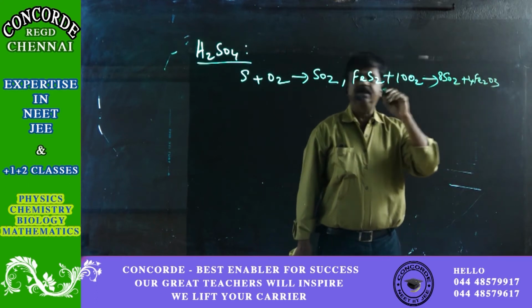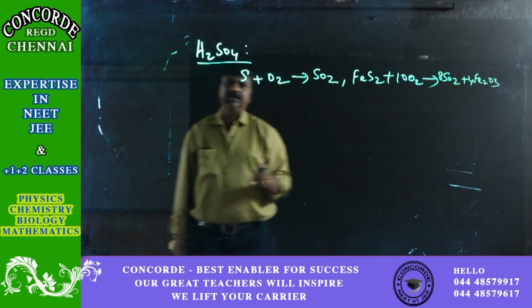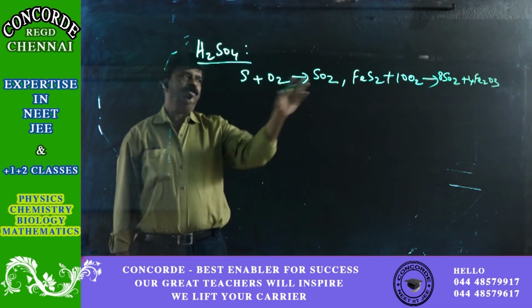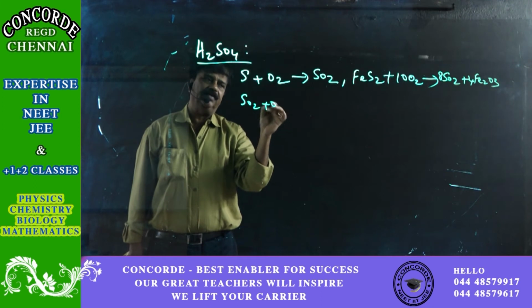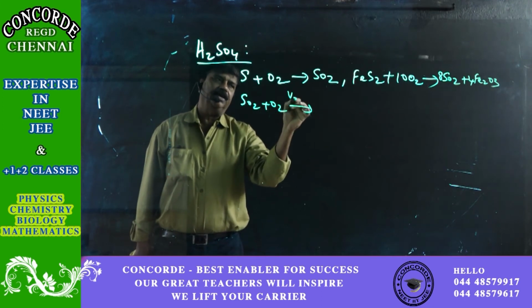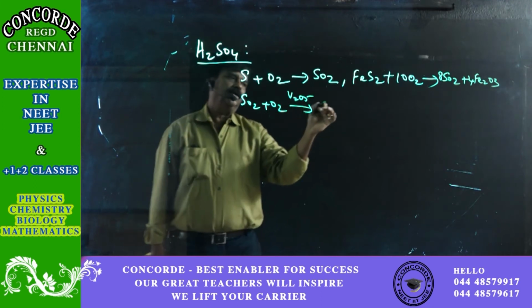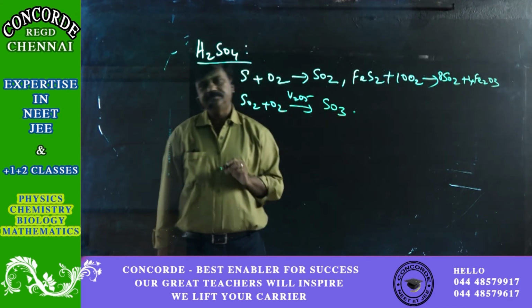This we have seen in the earlier reactions for SO2. Sulfur dioxide is further treated with oxygen in the presence of V2O5 as a catalyst to get sulfur trioxide.